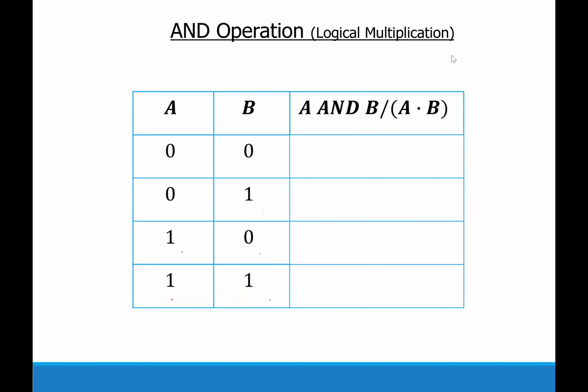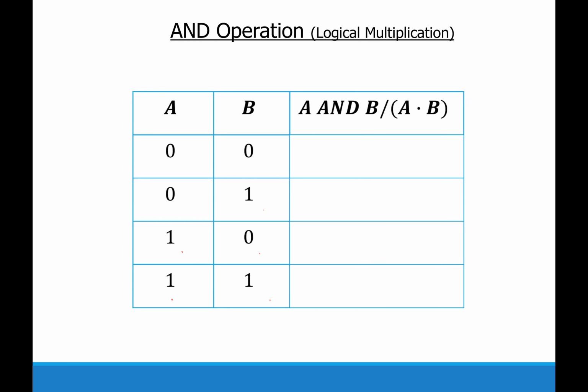Now we were discussing the AND operation. Here we have 2 inputs and 4 possible combinations, and we need to find the outputs related to all 4 possible combinations. Now we know how the AND operation works. When A is equal to 0, B is equal to 0, what will happen to the output?